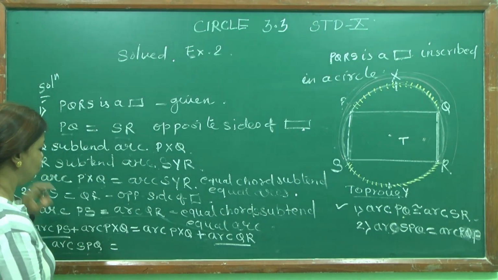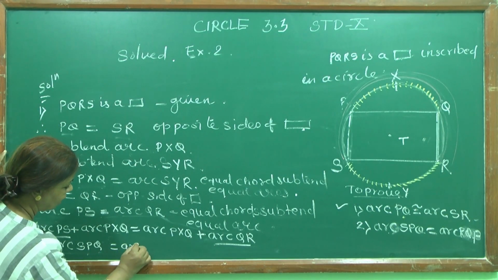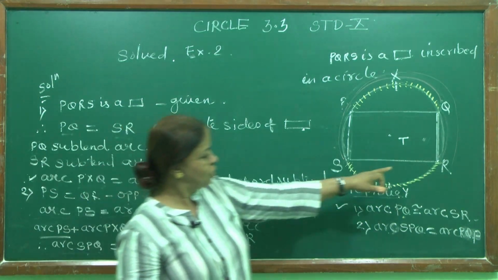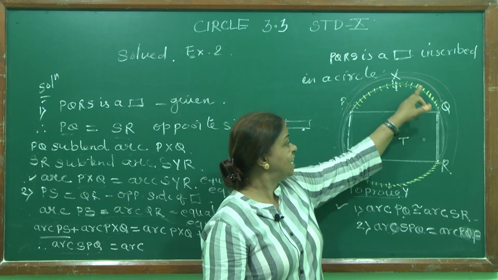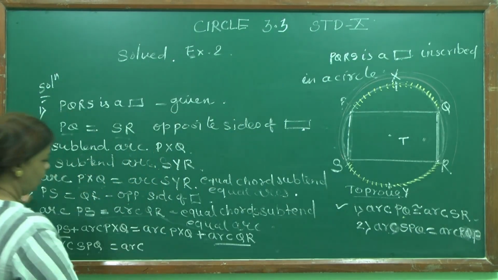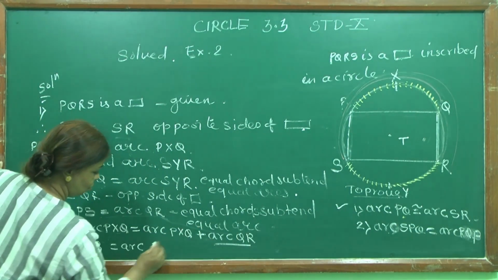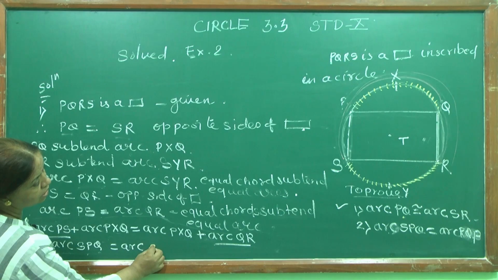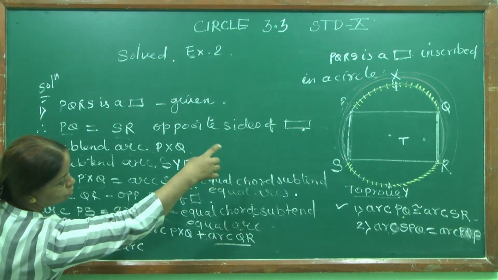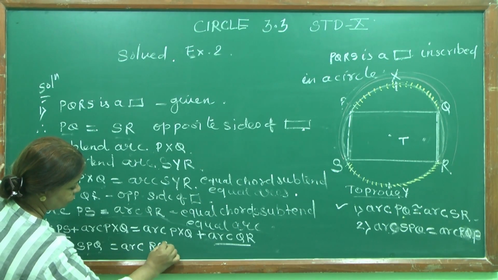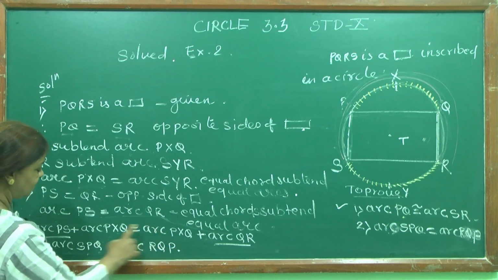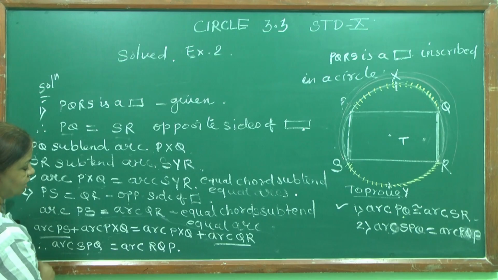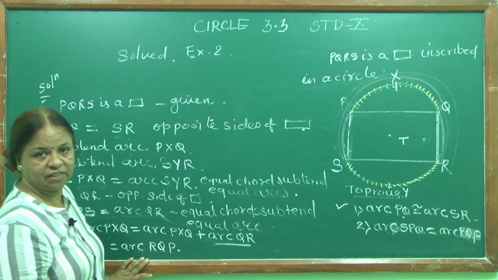So arc SPQ is equal to arc, now see here, RQ plus PXQ, plus RQ is going to be PQR or RQP. Both sides we have added a common arc and therefore we got this, hence proved, children.